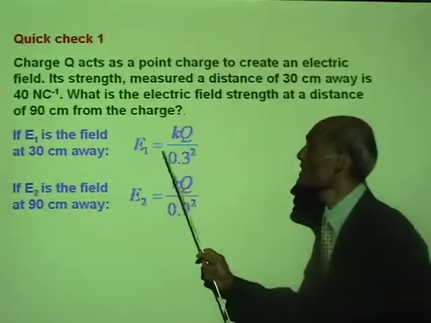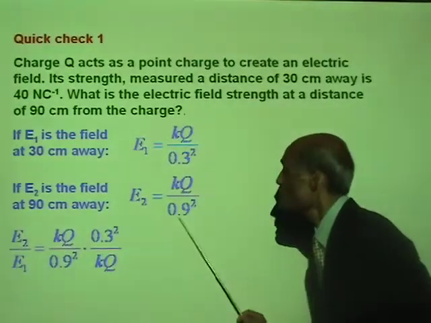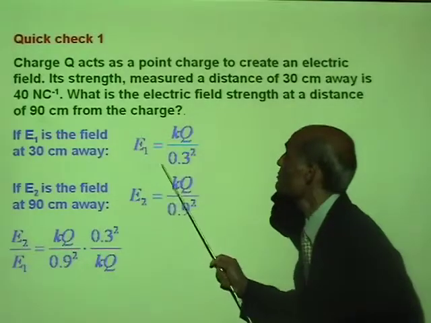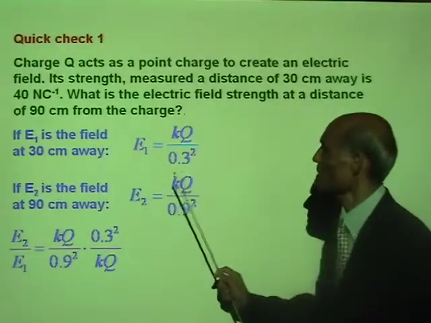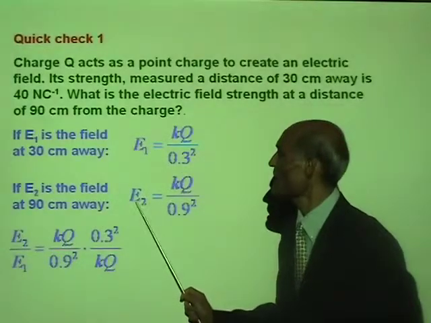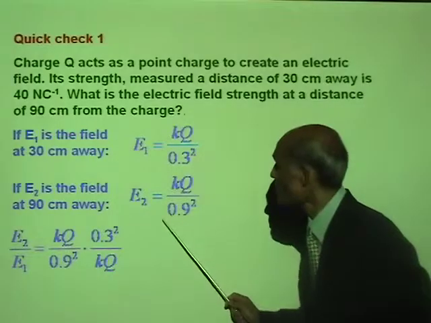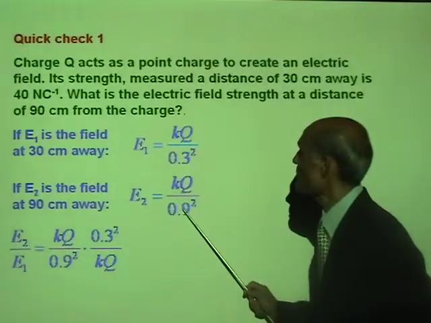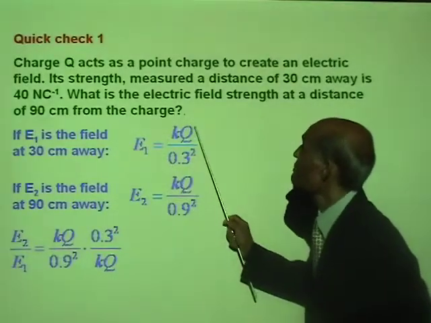What you need to do is divide equation 2 by equation 1. E2 divided by E1. Look at this. The left hand side, E2 divided by E1 equals this quantity, KQ divided by 0.9 squared, divided by this quantity.